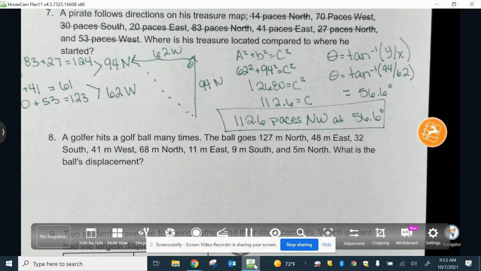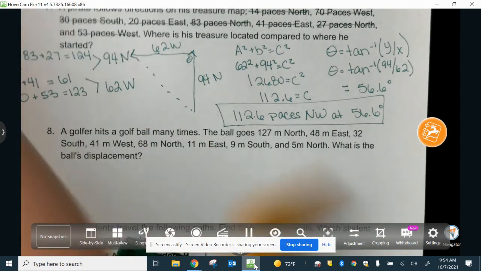Or you can say 112.6 paces at 56.6 degrees northwest. Either one of those is fine. On this worksheet, please make sure you circle, highlight, or square that so I can find it. And you should be good to go. What questions do you have?